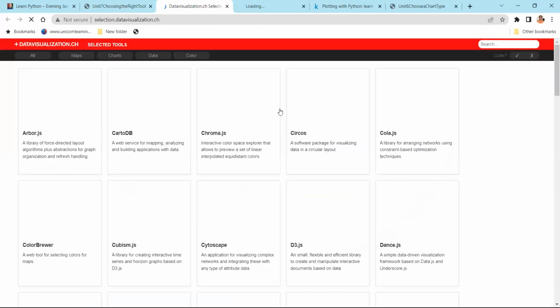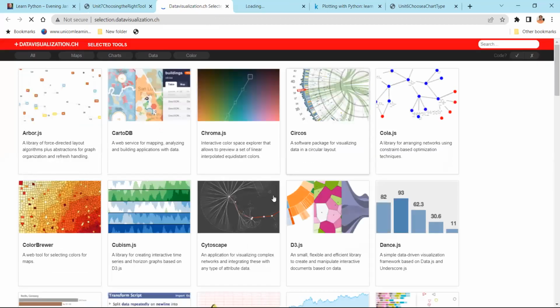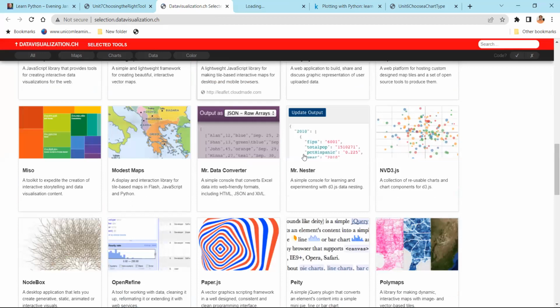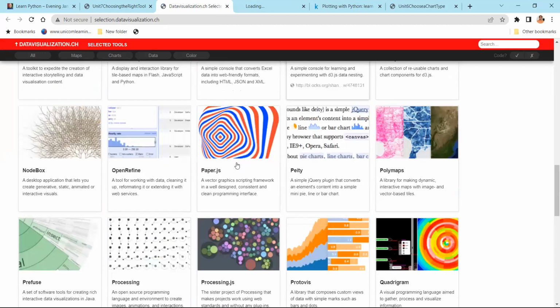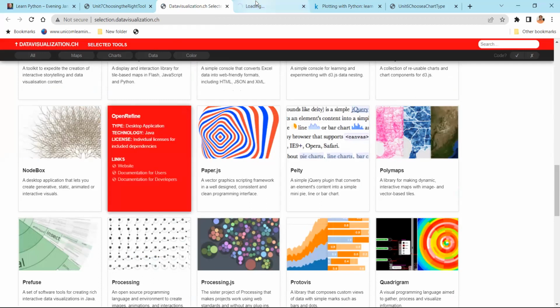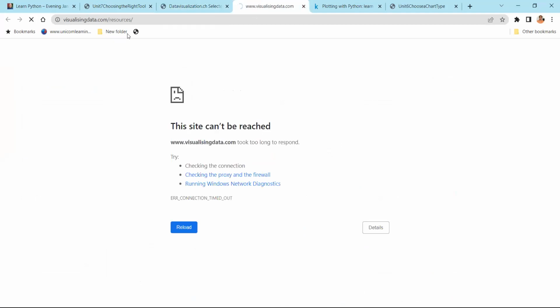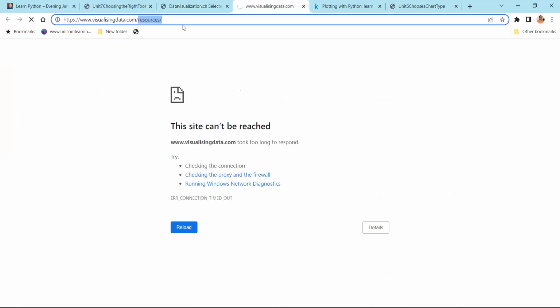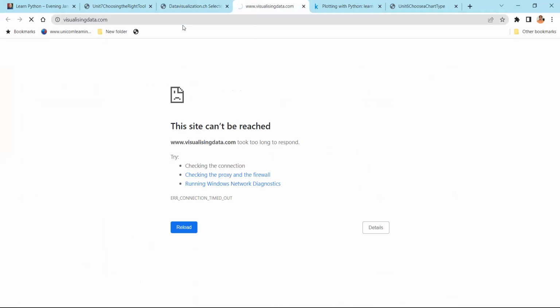So yeah, there's Circos, Cola.js, Cytoscape, Cubism. These are different libraries that are there. You can select a tool and practice those. Some of them are free, some of them are paid. Most of them are free. I think this site is not up. Maybe we can try it a little later.